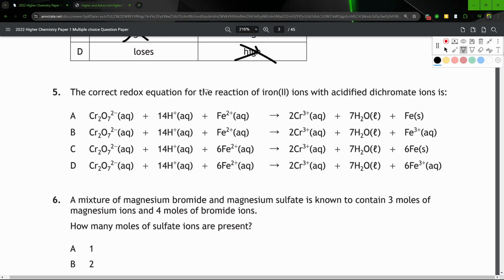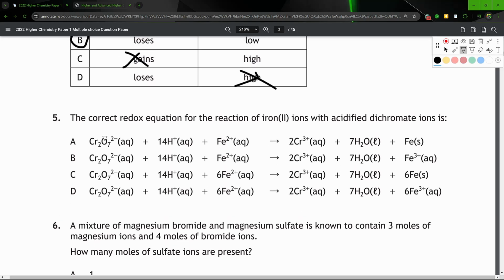All the elements have to be balanced, and charge is probably the main thing, so both sides must have the same charge. On this side we've got -2, then 14+, that'll be -2 plus 12, and then we have a 2+ here, so it'll be +14. And then on this side, it's only +3. So this doesn't seem correct.